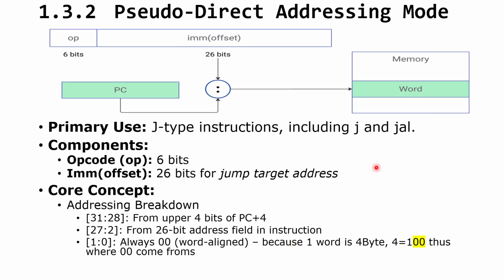Where is the label that we need to jump to? We find that original address where we want to jump, and then we take the 26 bits. The remaining 2 bits are always 00. It is word aligned because one word consists of 4 bytes, and 4 in binary is 100. That's where the 00 comes from.